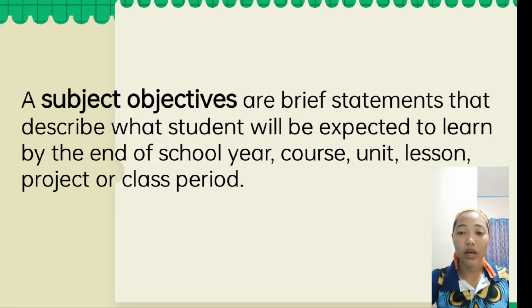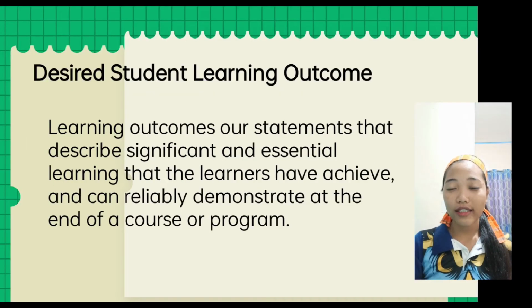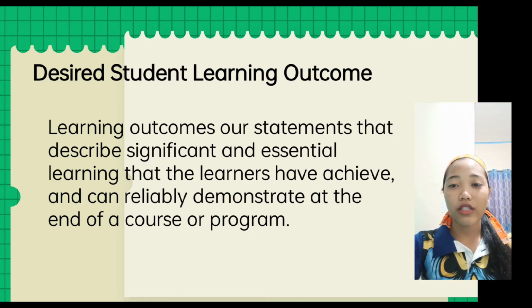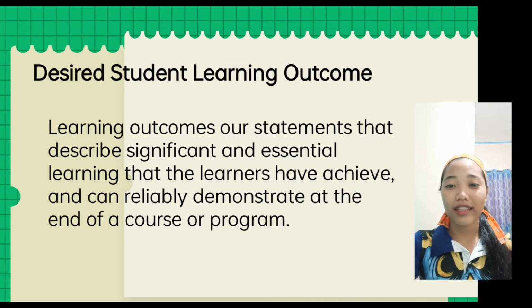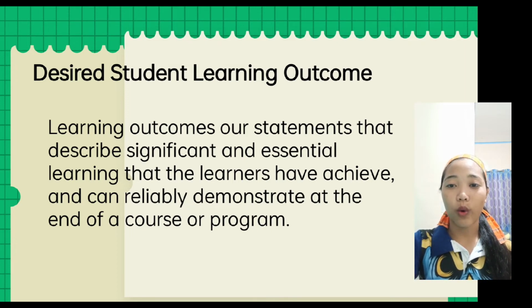That is subject objective. Next in the instructional cycle is the desired student learning outcome. These learning outcomes are statements that describe significant and essential learning that the learners have achieved and can reliably demonstrate at the end of a course or program.